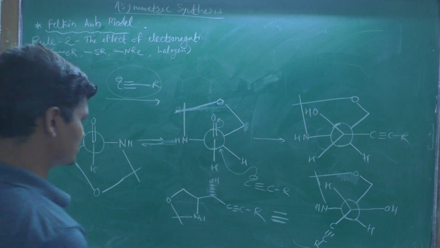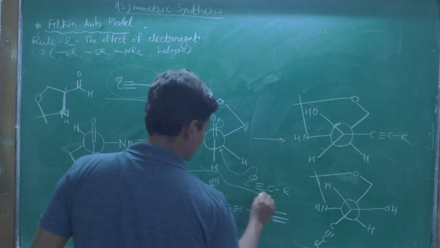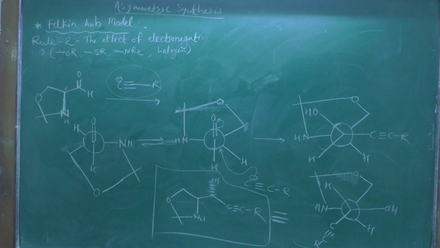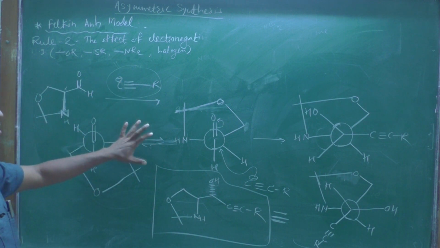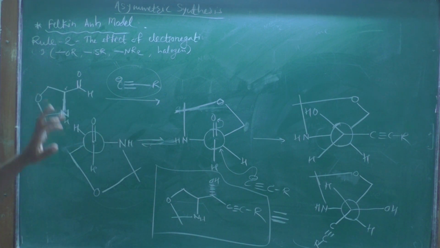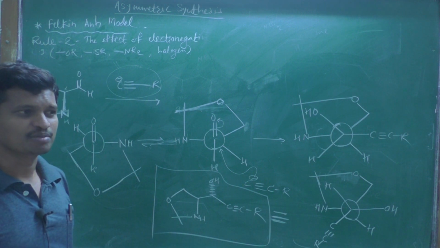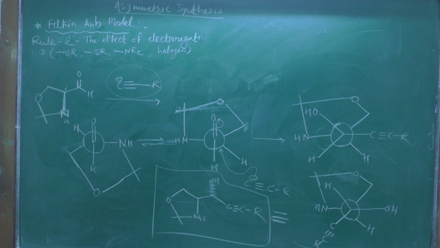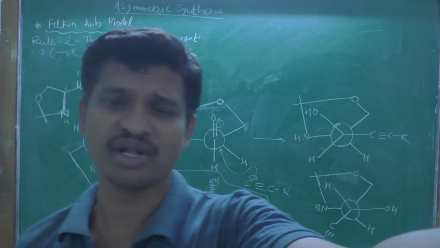Okay, so this is the structure of the molecule. Okay, so we can solve this problem with the help of the Felkin-Anh model, that is the effect of an electronegative atom. We can solve this with a number of examples using this model. Thank you very much.